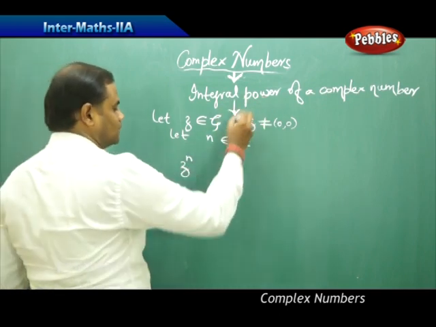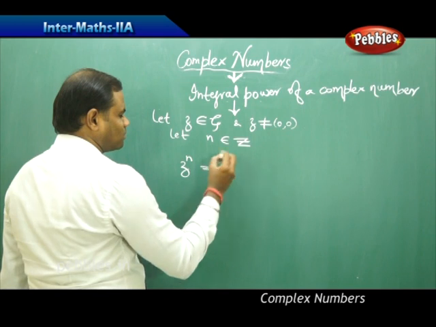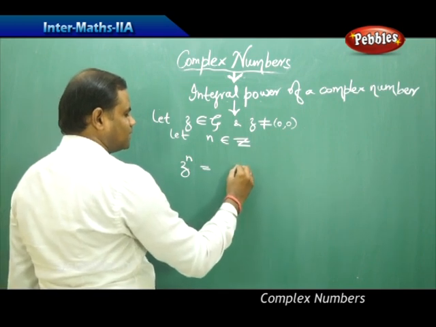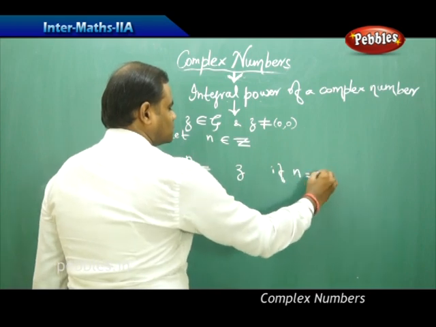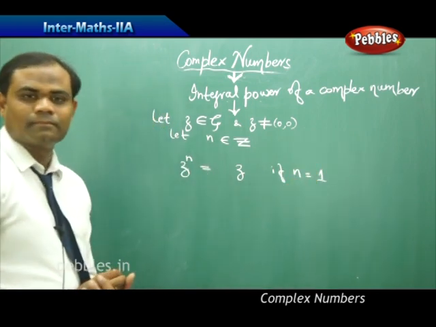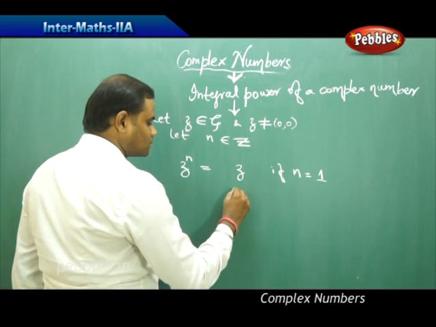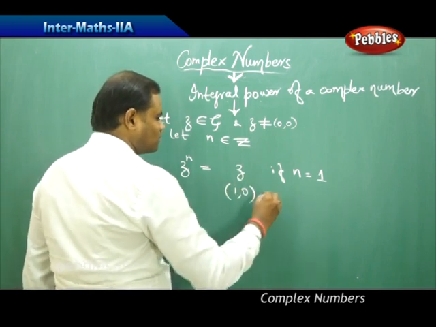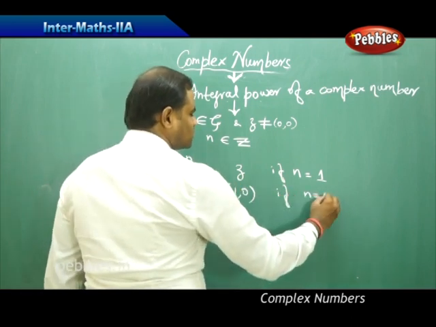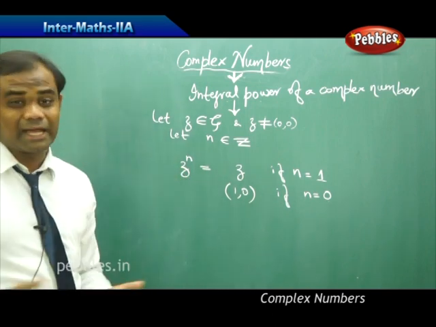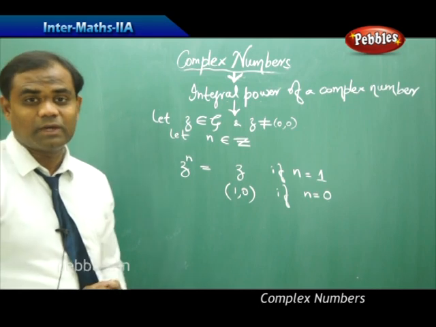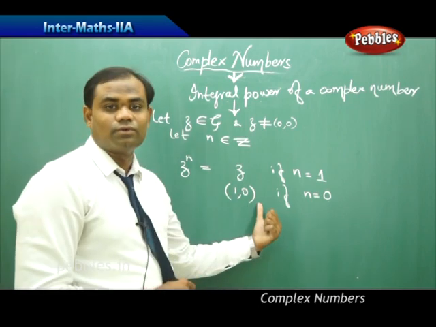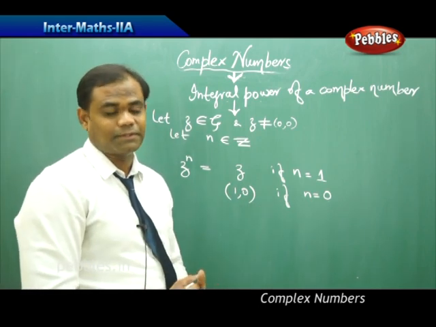Then z power n will be z if n is equal to 1, and this will be 1 0 if n is equal to 0, because z power 0 is the identity, and the multiplicative identity in complex numbers is 1 0, which we have already discussed in the previous session.